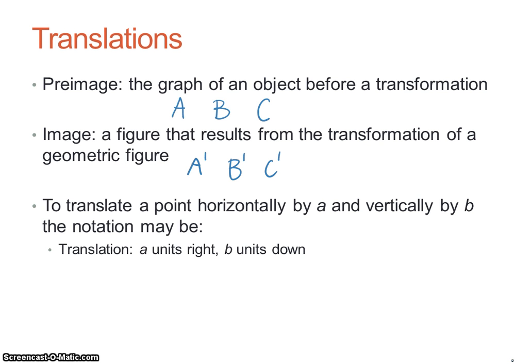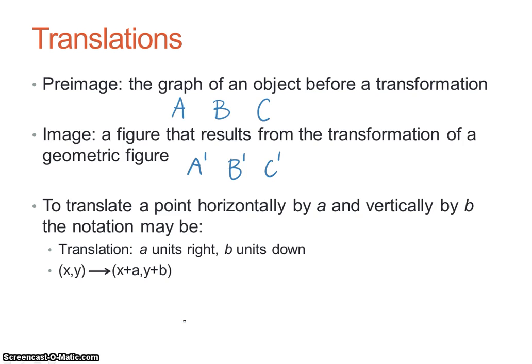It may just be written out for you. Or you might see something like (x, y) becomes (x plus a, y plus b). That's saying we're taking our x value and we're going left and right, because our x-axis is horizontal. And then we're taking our y value and we're going up and down because our y value deals with vertical.